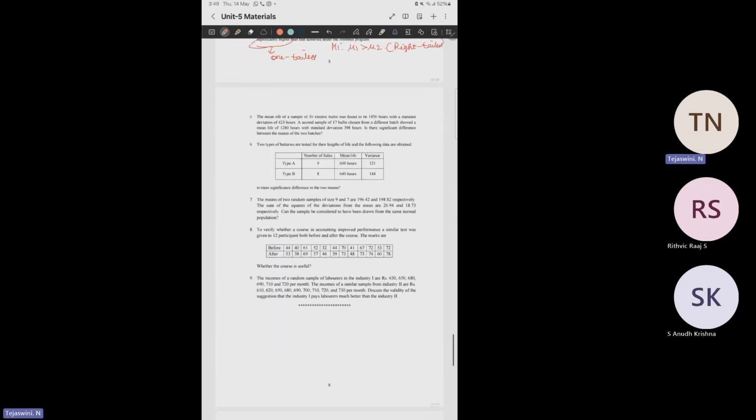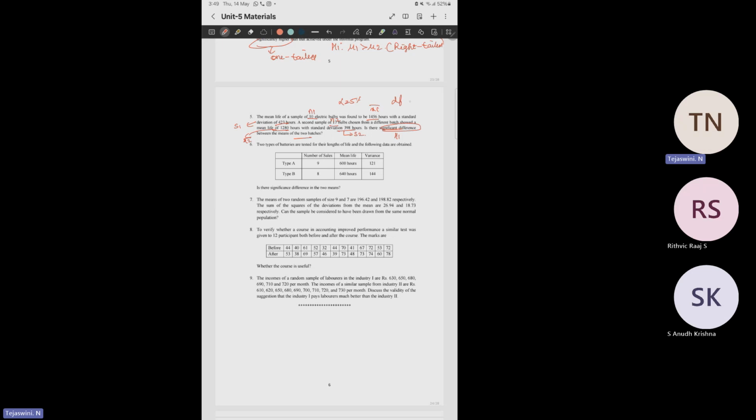So for the fifth question, the mean life of a sample of 10 electric bulbs was found to be x1 bar, n1, standard deviation s1 is given, and for the second sample n2 showed a mean life of x2 bar is given to us, and then standard deviation s2 is given to us. The significant difference between the two. So they are just asking if there is any difference. The level of significance will be 5%.